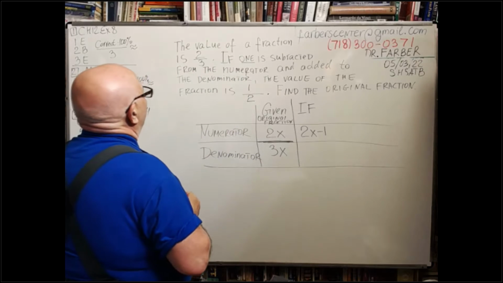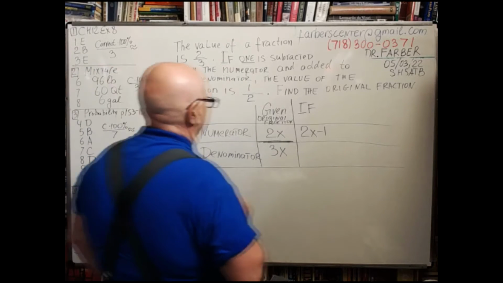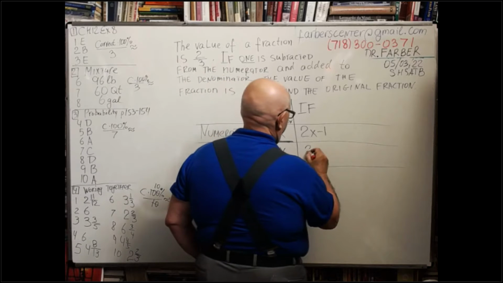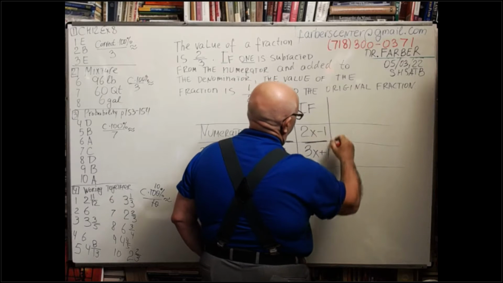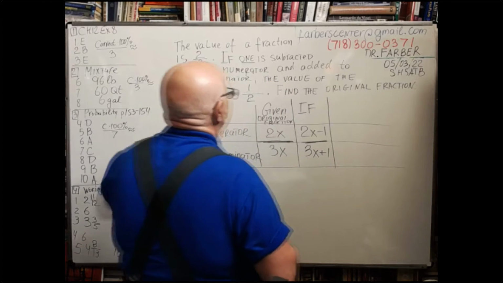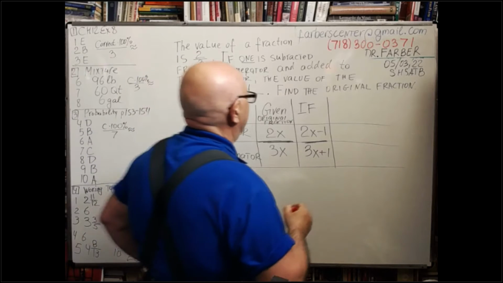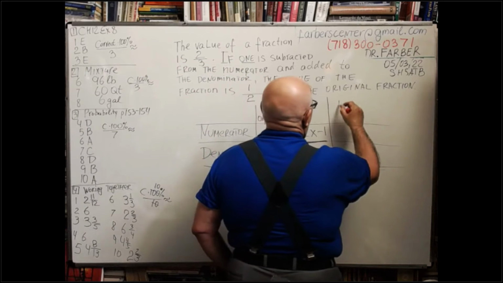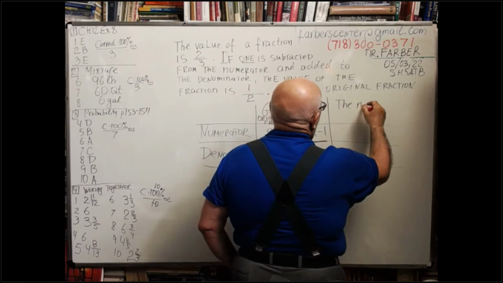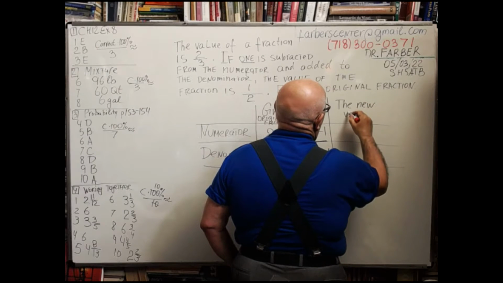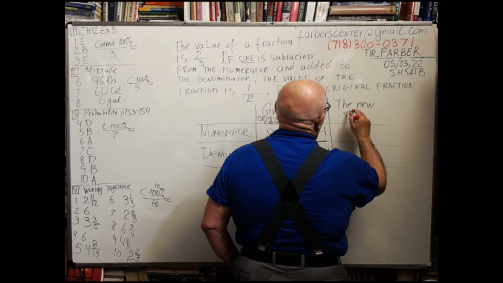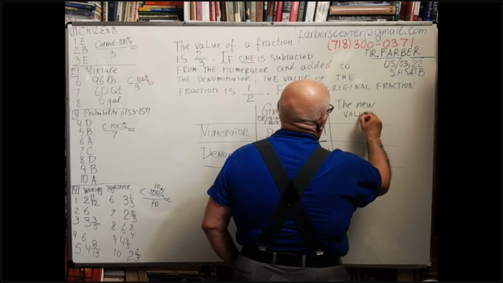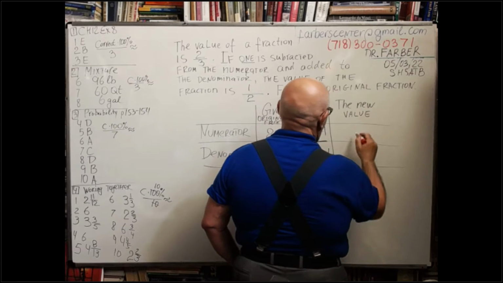And added to the denominator, it will be 3x plus 1. This is my if. The new value is 1/2.